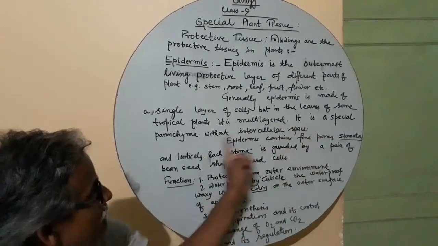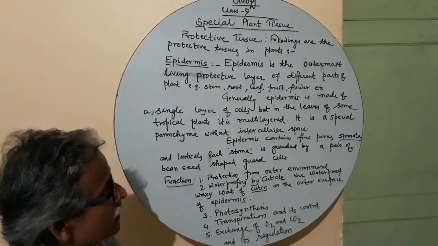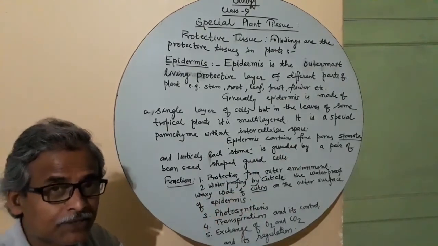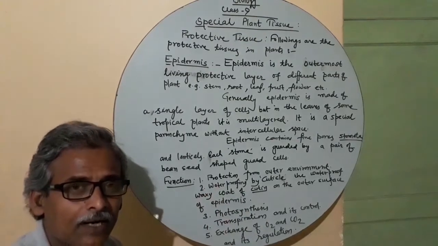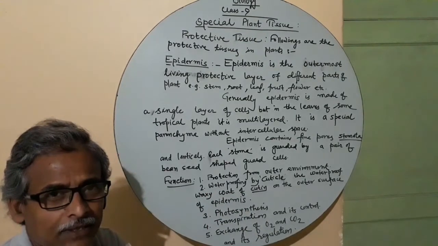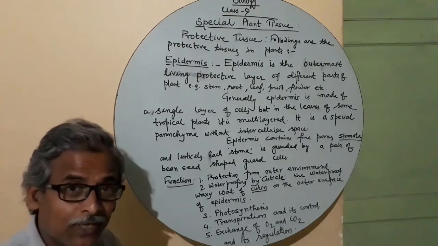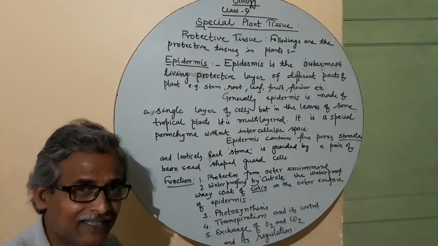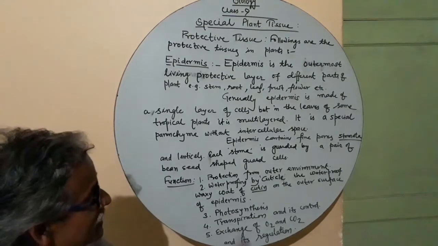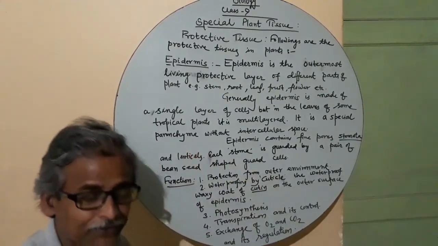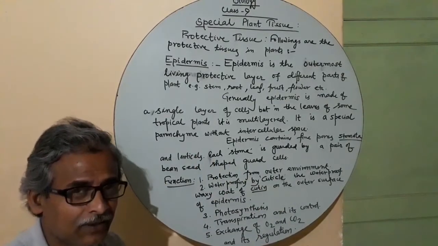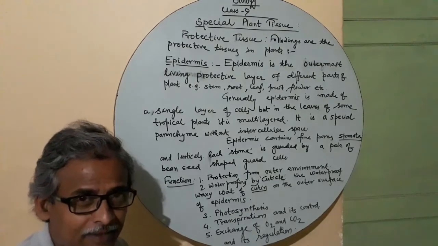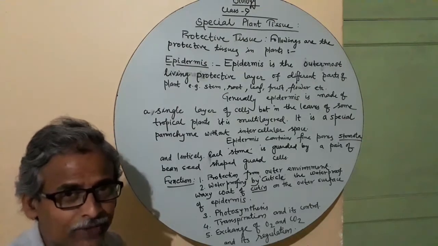It is a special parenchyma without intercellular space. All the internal structure of its cells is just like parenchyma. The only difference is that in parenchyma there are intercellular spaces, but here there is no intercellular space because these spaces are filled up by a special organic compound, cutin.